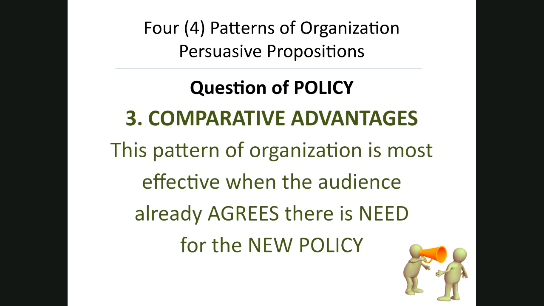So, for example, you're giving a speech to college students, and you want to convince them that we need to get together and stop the increase in our school tuition. You've just learned that tuition's going up, and you want to get students together to protest this.